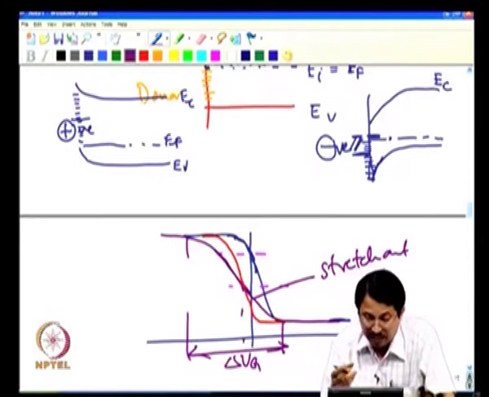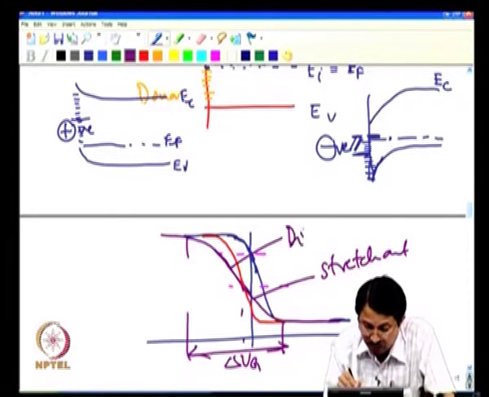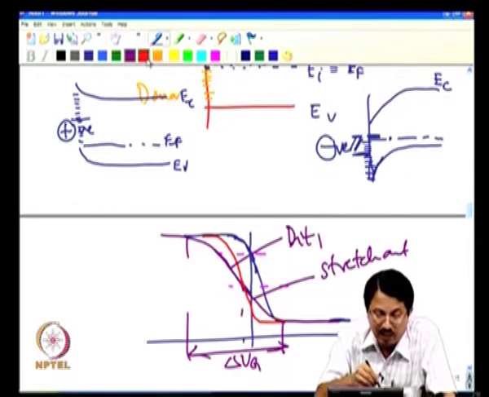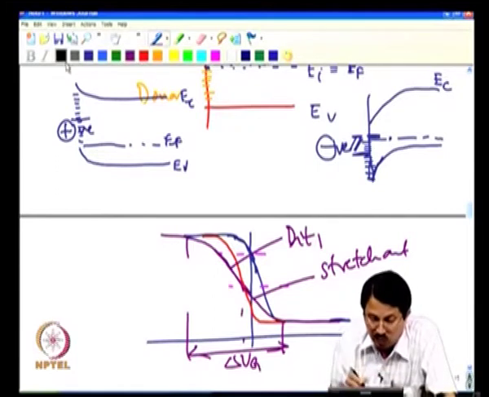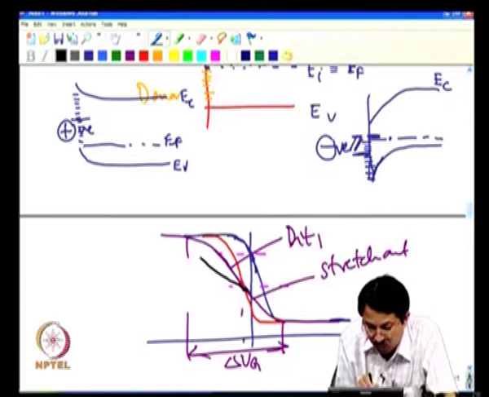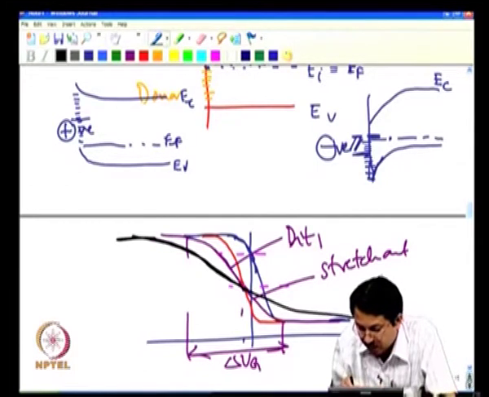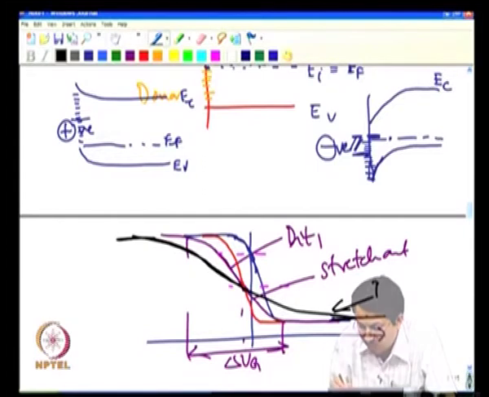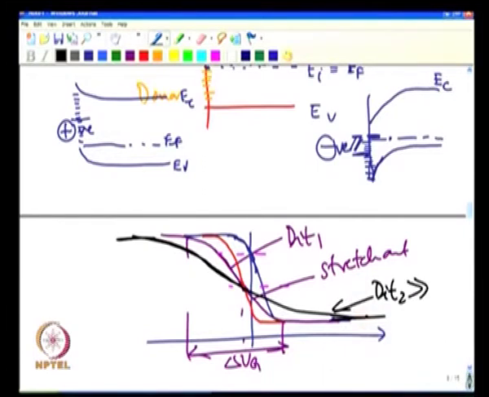Okay. If let us say this is for DIT1 and now you have DIT2 which is even higher than this, then the stretch out is even much more. You will probably get a stretch out which will look like this. This could be DIT2 which is much greater than DIT1.